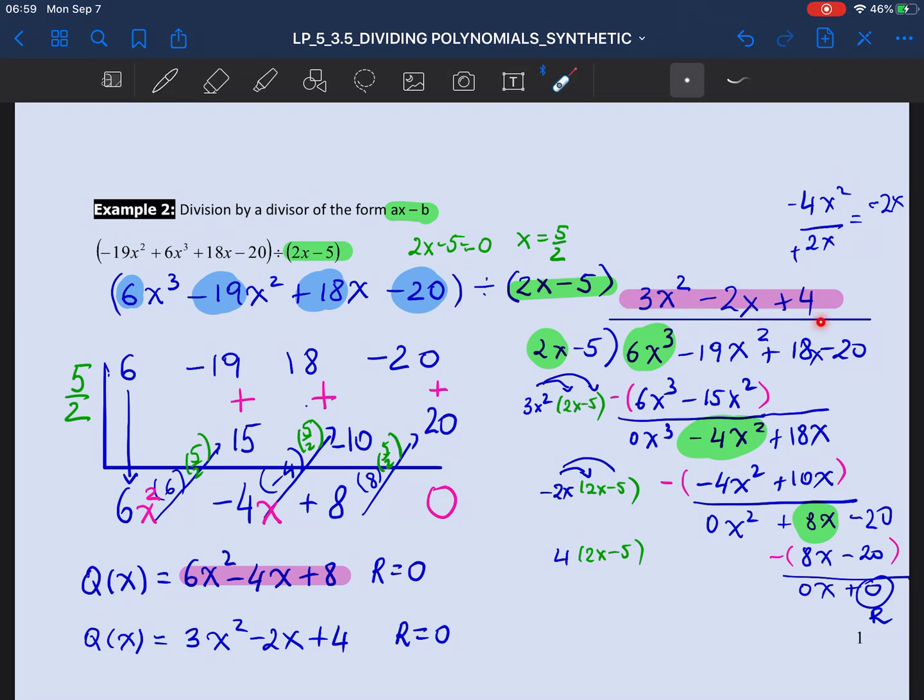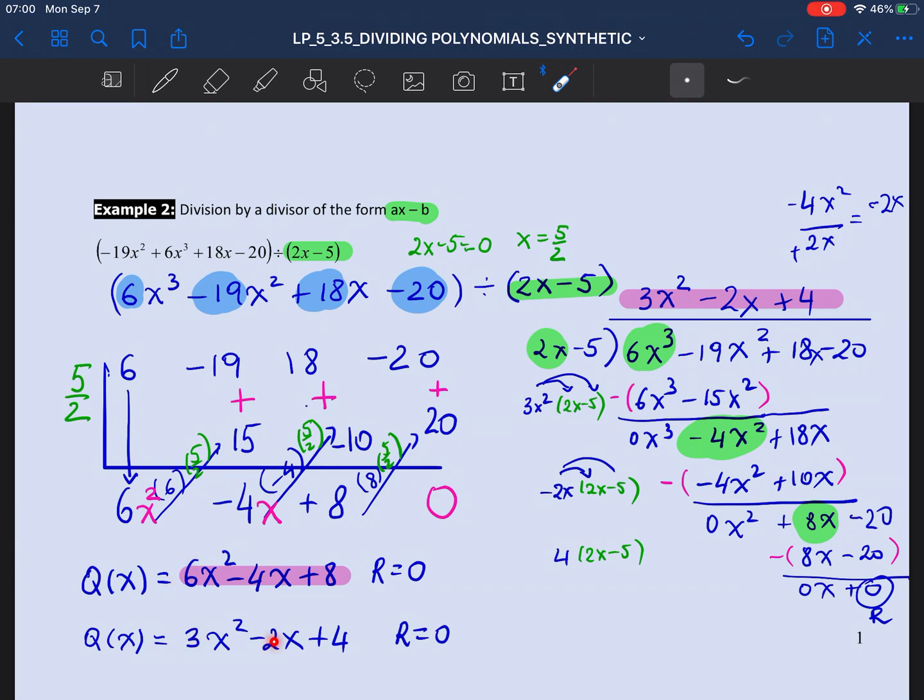I would say that the long division answer is the correct answer. It works all the time for any kind of division, any kind of polynomial. But if I compare the quotient that I got from synthetic division, compare number 3 with 6, negative 2 with negative 4, 4 with 8, you probably notice that the quotients received in the synthetic division are inflated or doubled.